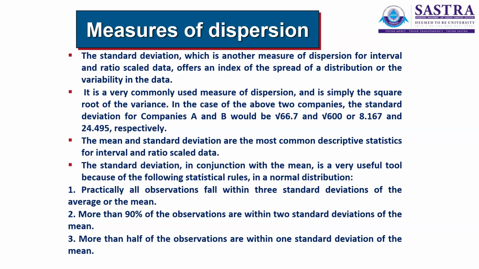The standard deviation is another measure of dispersion for interval and ratio scaled data, which offers an index of the spread of a distribution or the variability in the data.